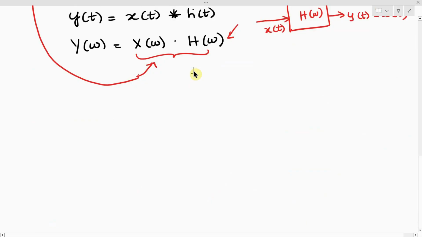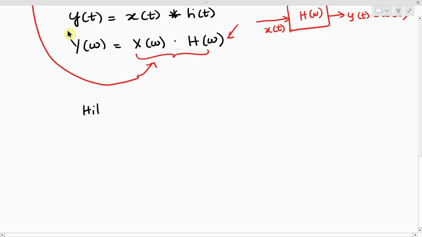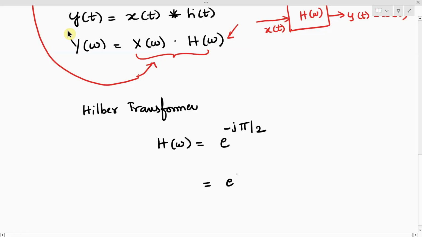Now, I am writing the frequency response representation of the Hilbert transformer. Frequency response H of omega. Tell me, it can be either e power of minus j pi by 2 or e power of j pi by 2.